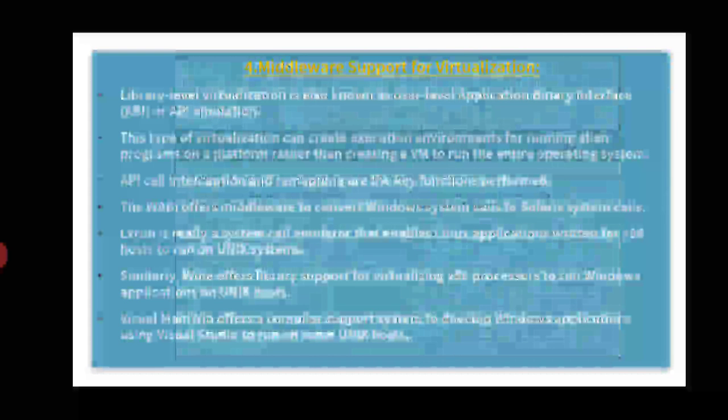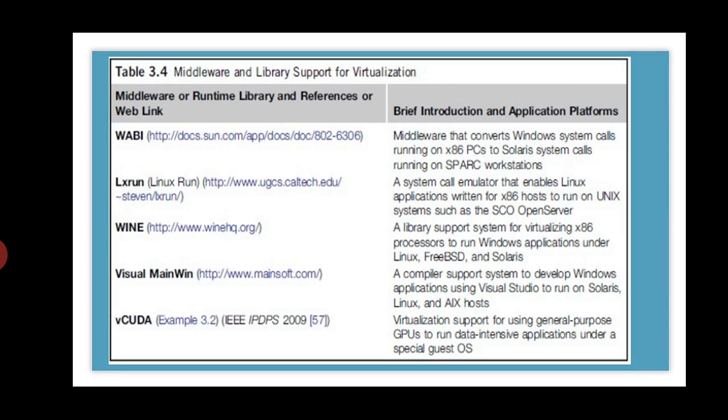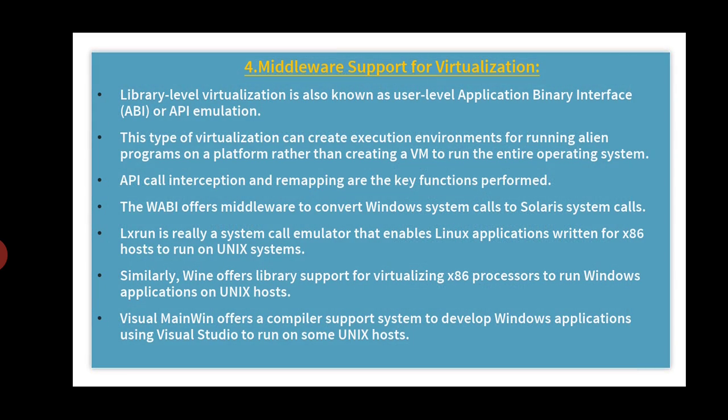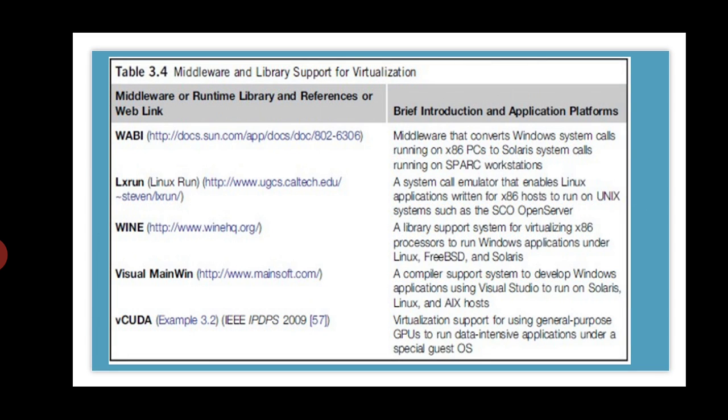And last, we have seen middleware support for virtualization. What exactly do we want to say about the middleware support for virtualization concept? Library level virtualization is also known as user level application virtualization.